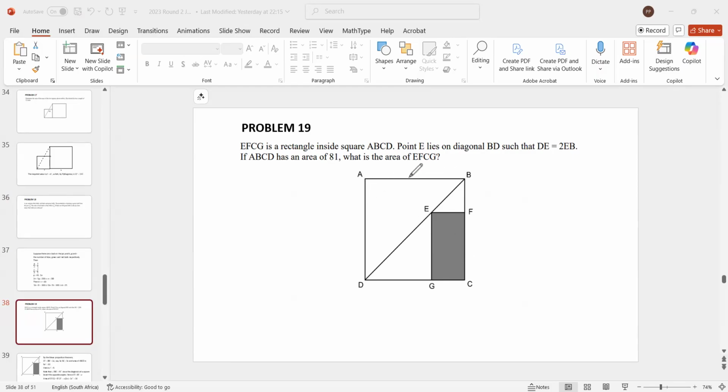But inside, ABCD is a square. The point E lies on the diagonal BD, such that DE, this part here, is twice EB. So if this is x, then this is 2x.